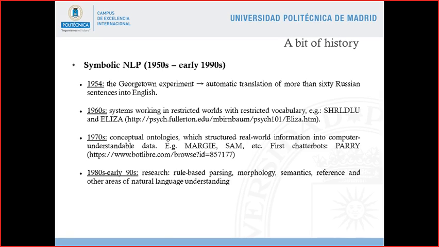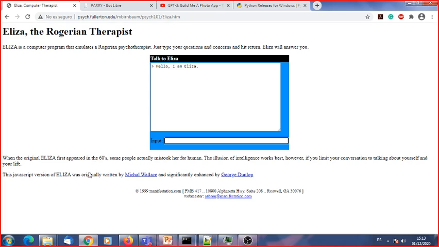In the 60s appeared systems that work in restricted worlds with restricted vocabulary. For example, Eliza. Here you have a URL of Eliza. You can talk to Eliza. I'll show you the demo. This is Eliza. It's a program that emulates a Rogerian psychotherapist.